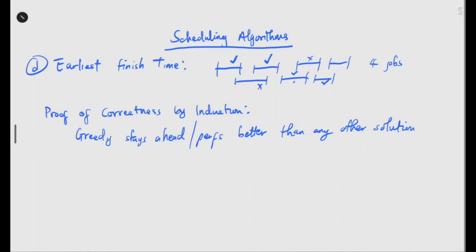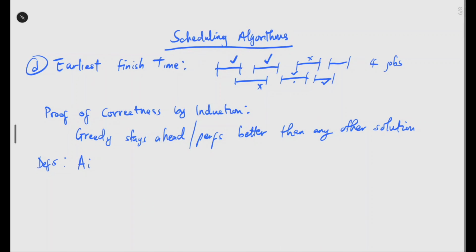To start this proof, we're going to define what our greedy algorithm is, what the other optimal algorithm is, and a measure of goodness. Measure of goodness would be any measure at all that shows that our greedy is staying ahead. So let's start with our definitions.